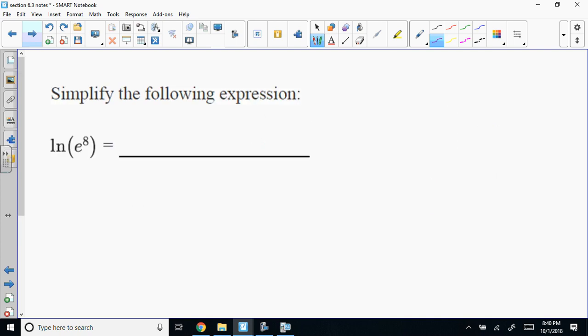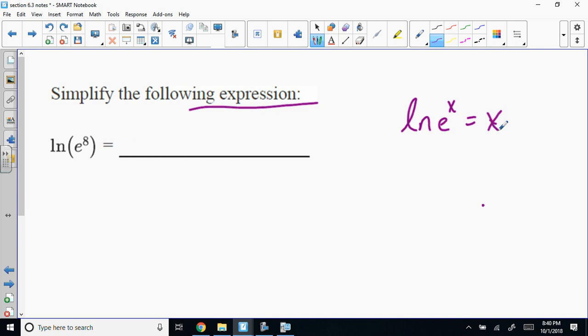All right, simplify the following expression. Natural log of e raised to the 8. There's a property that says natural log of e raised to the x is just x, right?